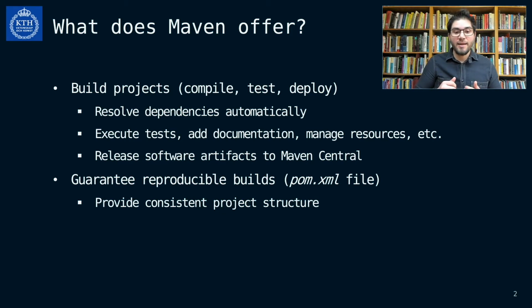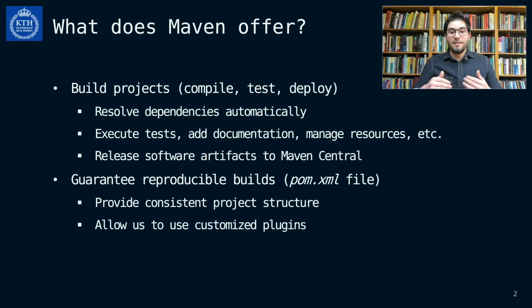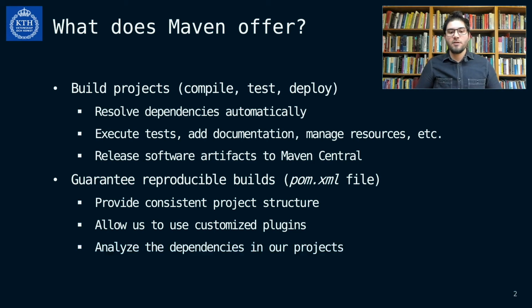Since Maven provides a consistent structure for our project, this allows us to implement additional tasks in the form of custom plugins, for example, to analyze the dependencies of our project.